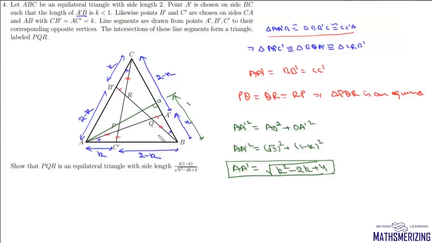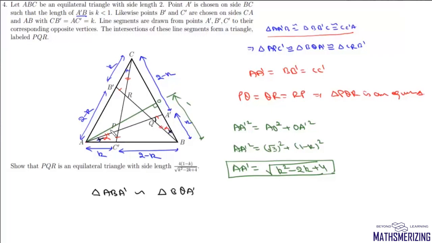Now if we look at triangle ABA' and triangle BQA', we can prove that these two triangles are similar. In this triangle we know that this angle alpha is equal to this angle alpha.